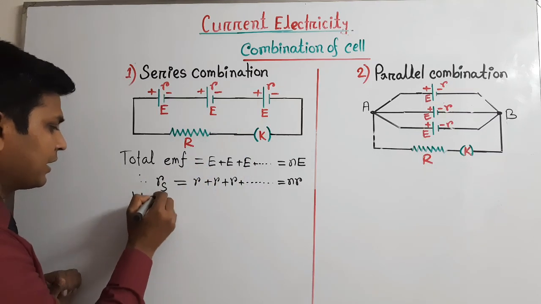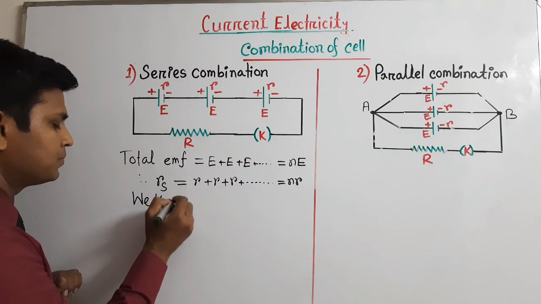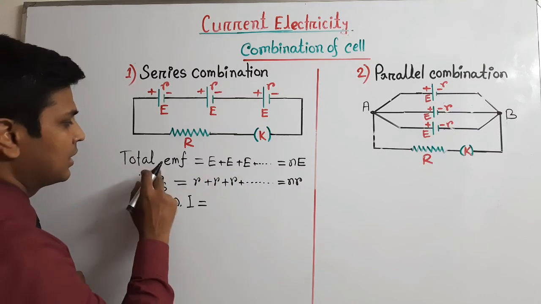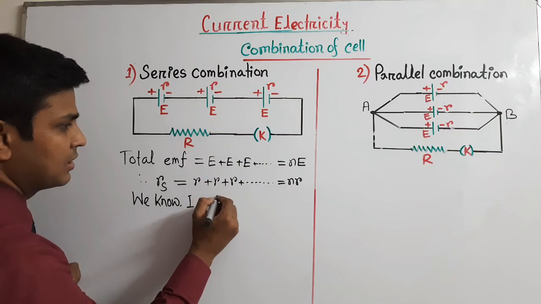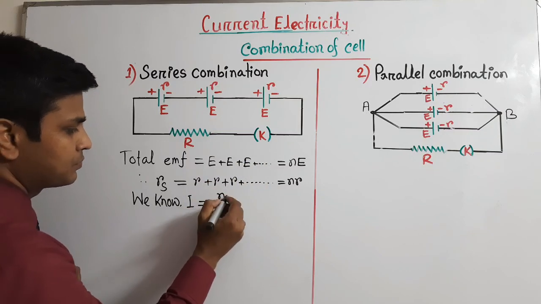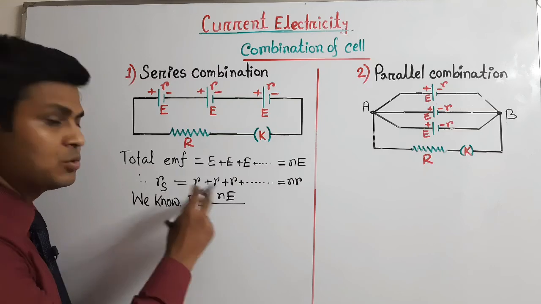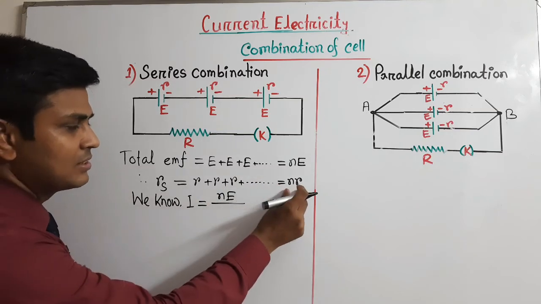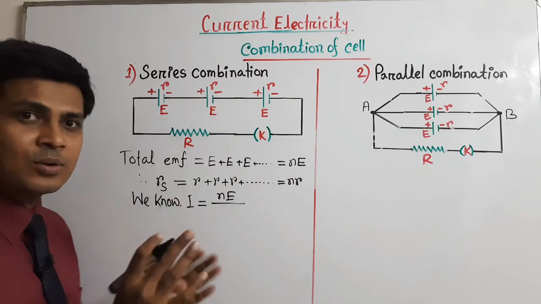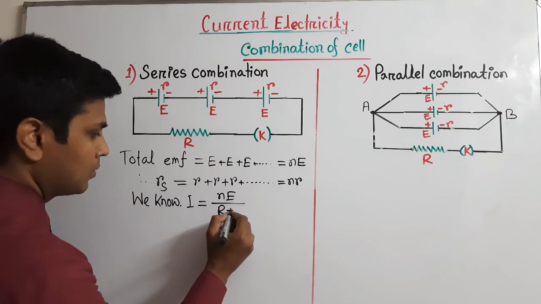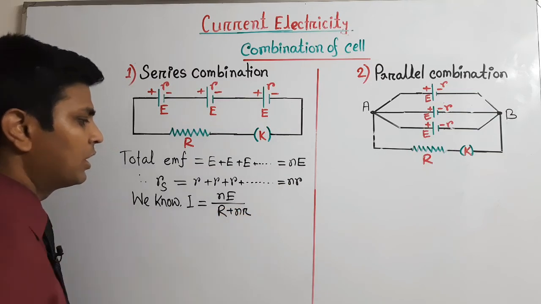We know the formula to calculate the current is I equals V divided by R, and in place of V we write nE, and there are two resistances, one is the internal resistance and the other is the external resistance. So the total resistance will be capital R plus n small letter r.